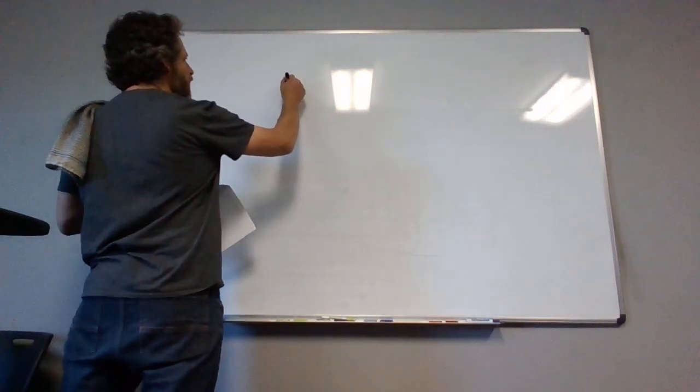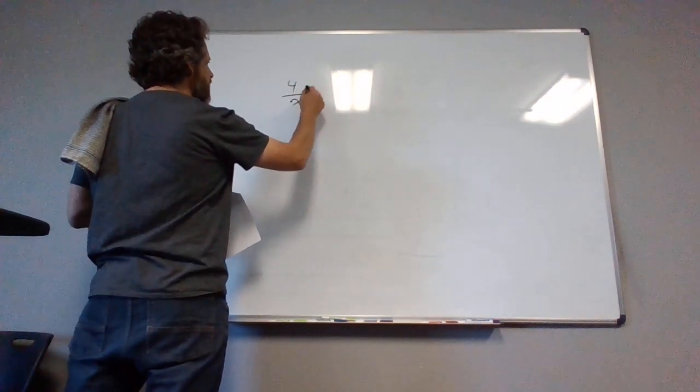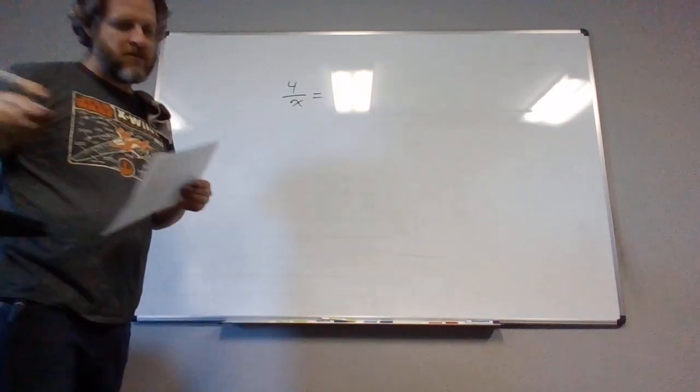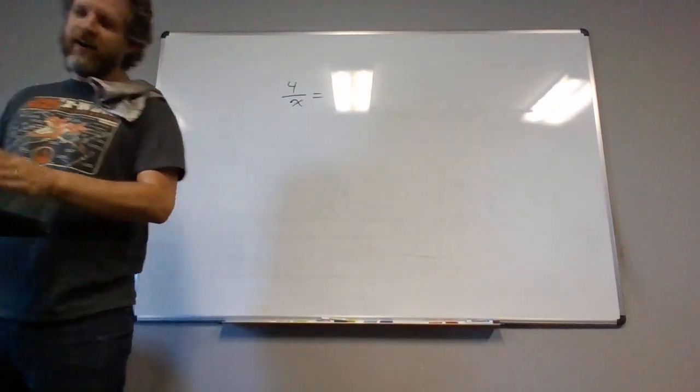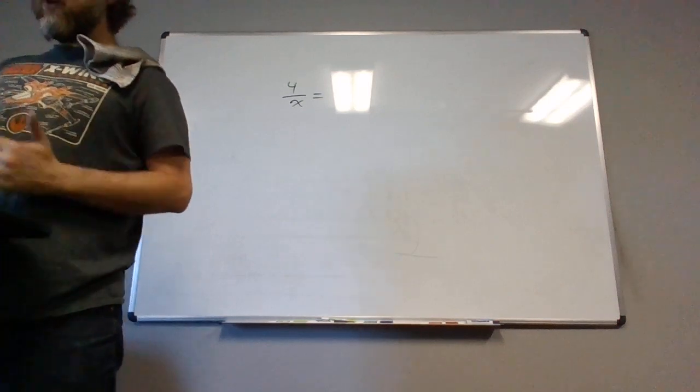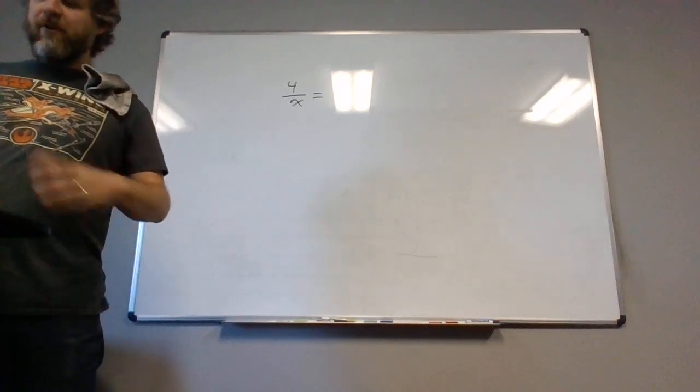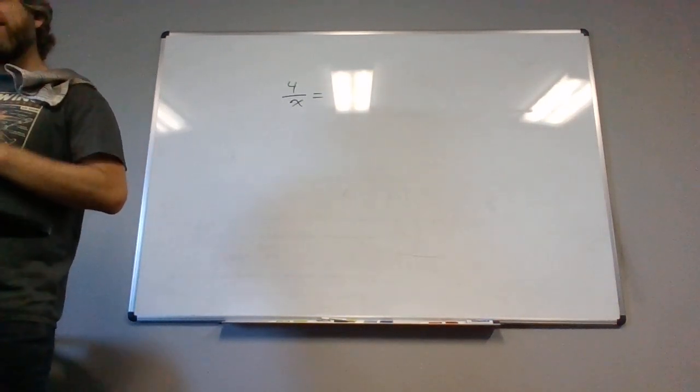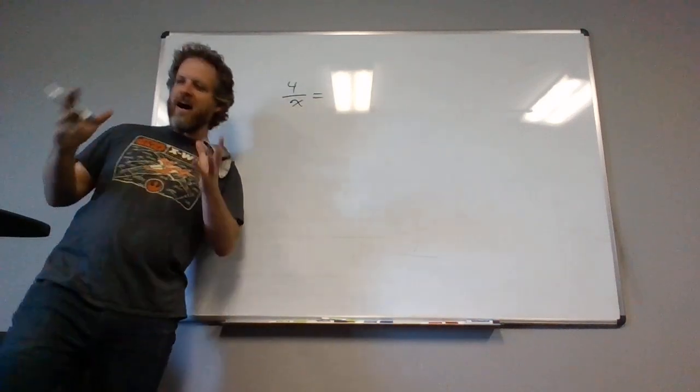Yes? 4 to X equals. Now, which one of either 5 or 3, which one has a number that goes with it on the big triangle?